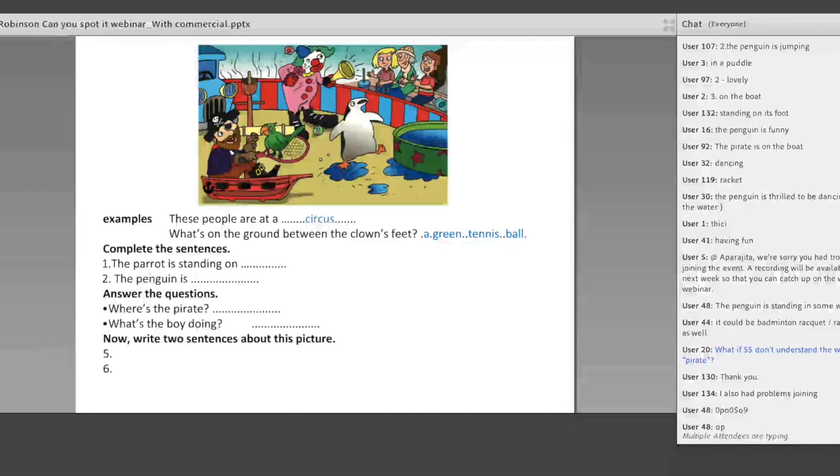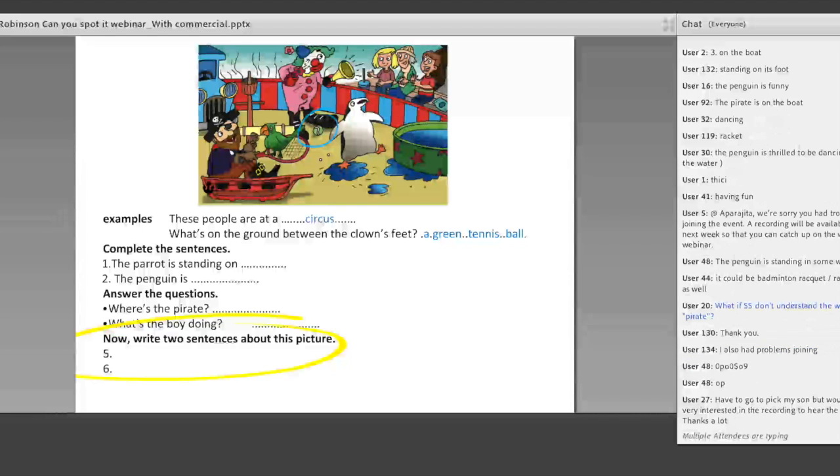Training here, what to spot, would involve spotting which things in the picture have already been talked about, either in the examples or in the complete the sentences or answer the questions. So here we've talked about the tennis ball. Which other things have we talked about?